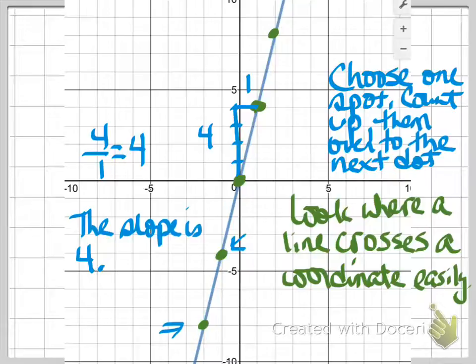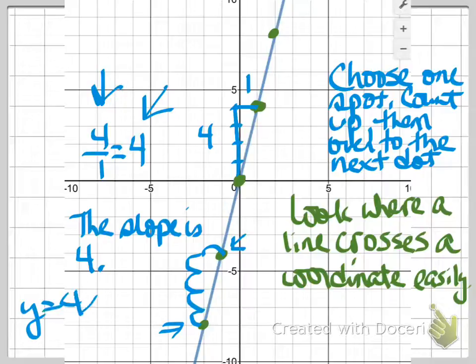To calculate slope, I'm going to go up and then over. I went up 4 and over 1. That slope is represented as 4 over 1. That as a fraction reduces to the whole number of 4. That's my slope. If I wanted to write this as a function, it would be y equals 4x.